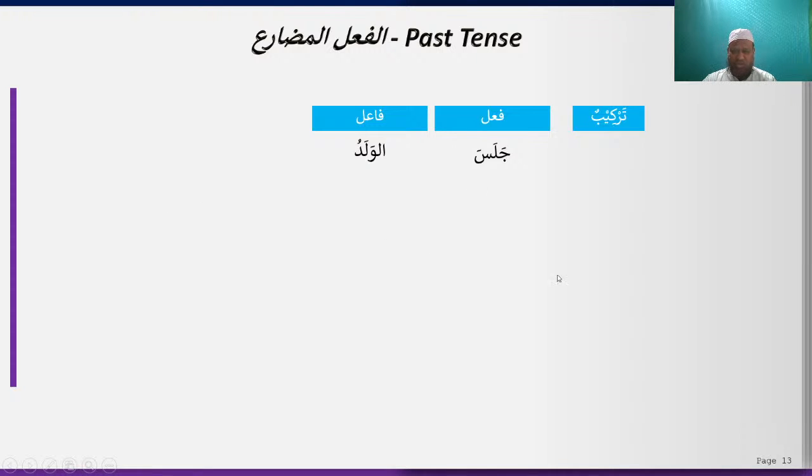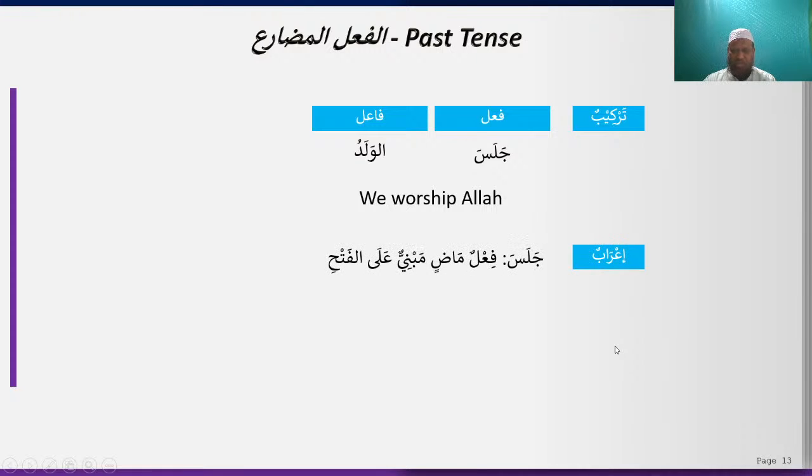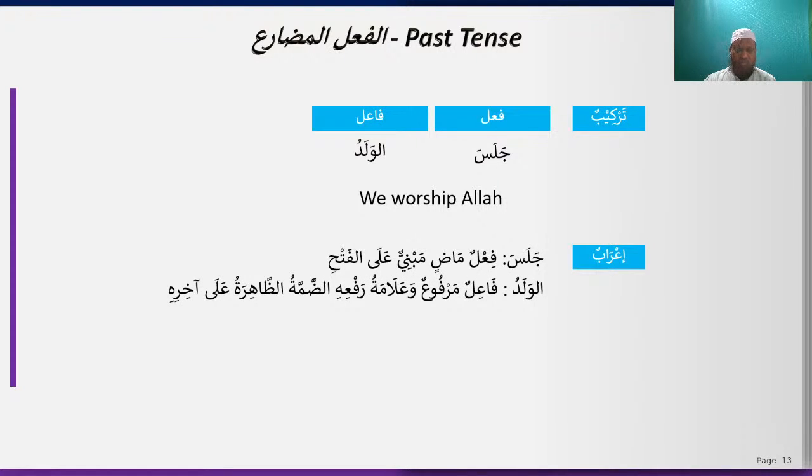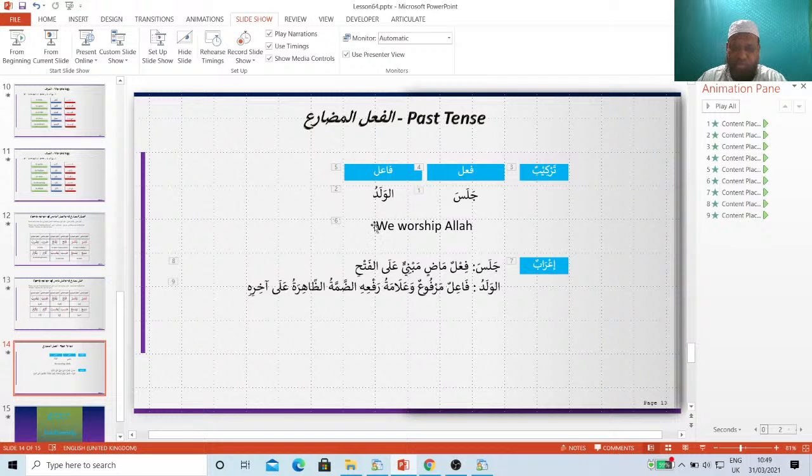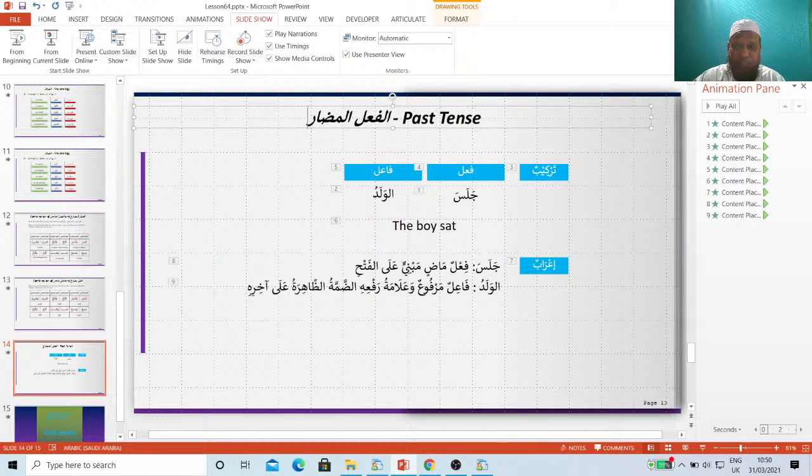Just ignore the translation, I think I did not change it. Sorry. جلس فعل ماض مبني على الفتح. الولد فاعل مرفوع وعلامة رفعه الضمة الظاهرة على آخره.